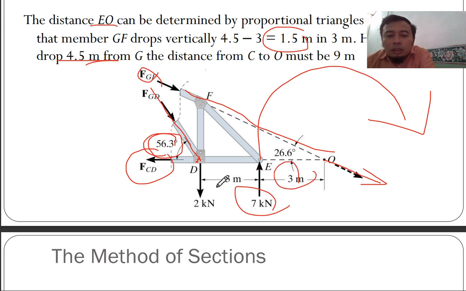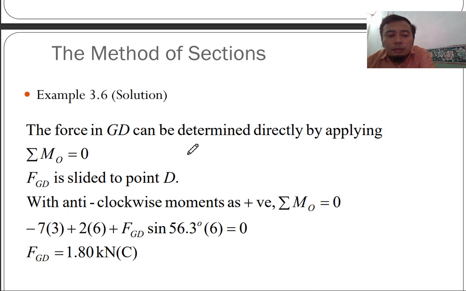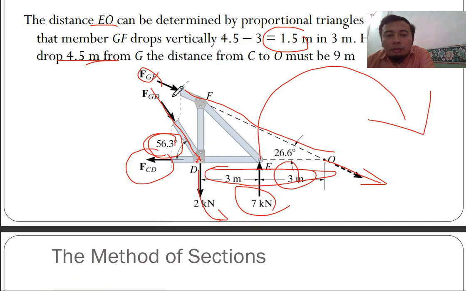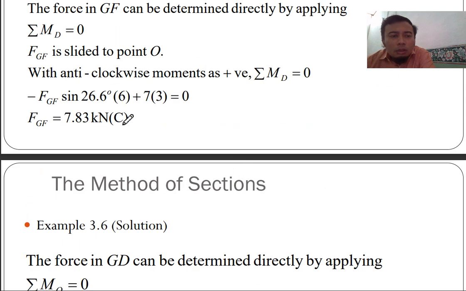Then another one is this moment, 2 kilonewton times this distance 6. So counterclockwise is positive. So there you have it, positive, negative, moment arm 6, moment arm 3. And then you have FGD. So you single out FGD here because FGF is not here.